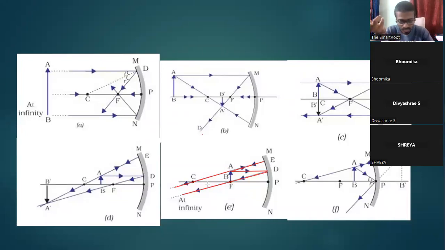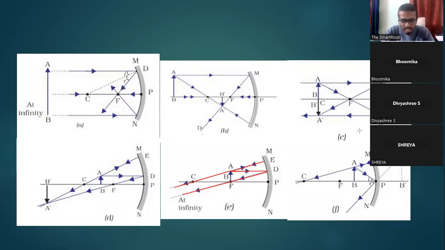If it is not connecting anywhere, I won't know where to mark the object. Correct? Do I know it? No, I don't. I can't mark it anywhere. So since it is parallel, the image will be formed at infinity.